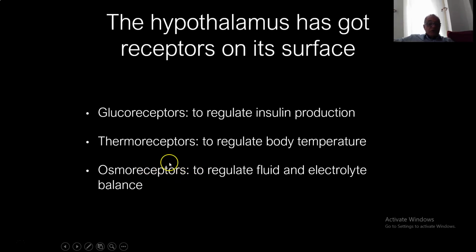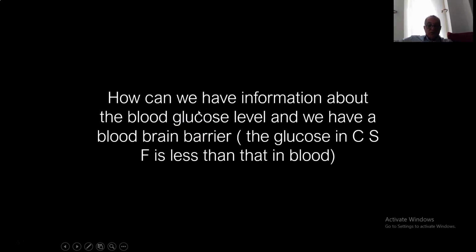Through the production of the antidiuretic hormone. How is body temperature regulated? Through cutaneous vasodilatation, shivering, and the sweat glands. And the glucoreceptors control the production of insulin.